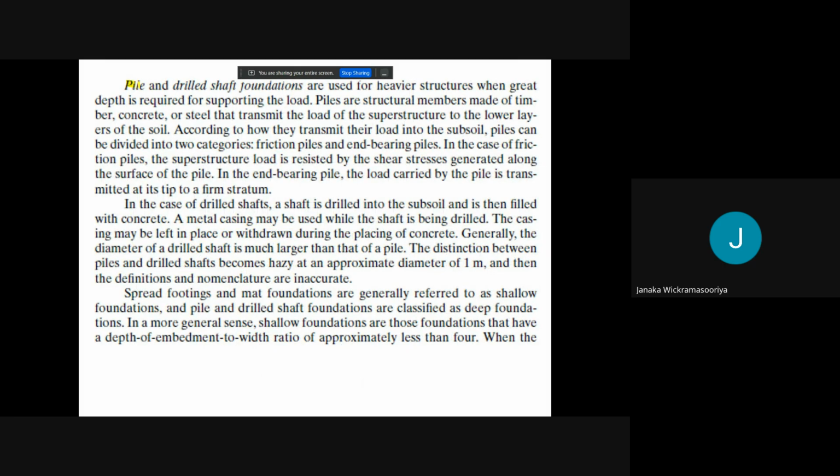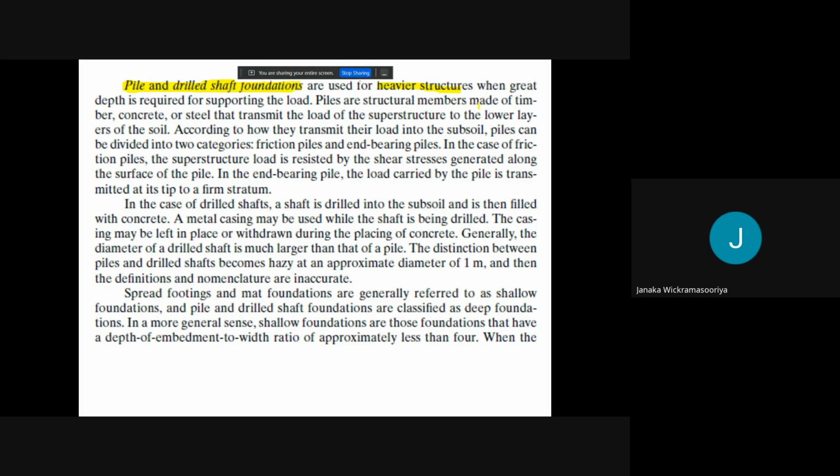Then we have the pile and drilled shaft foundations. Pile and drilled shaft foundations are used for heavier structures when great depth is required to support the load. That means shallow depths are not enough to bear the required load.